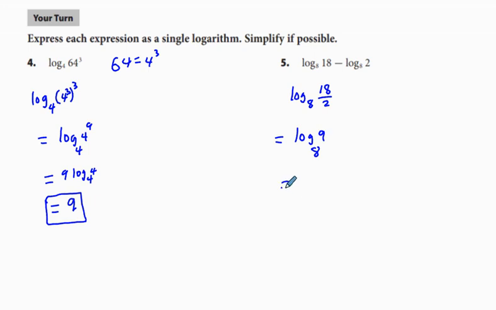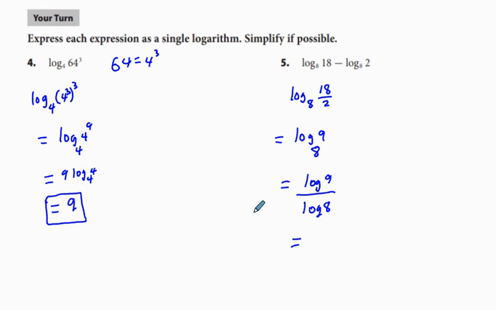Can we write 9 as a power of 8? Well, we can use a change of base because we don't have a 10 here. So we can write this as log of 9 over log of 8.